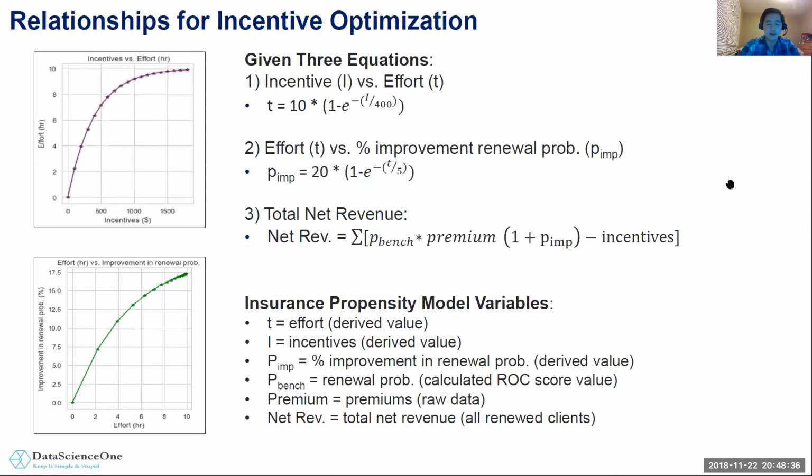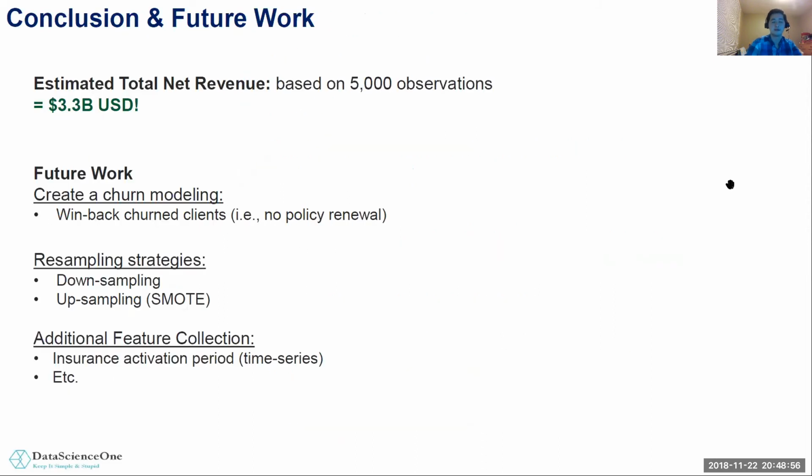Then we have the probability of the benchmark, which is a renewal probability calculated directly from the best model's ROC score value. We're given the premiums as raw data, and finally we calculate the total net revenue from all of the renew client population. As a result, based on the 5,000 observations or clients, the estimated total net revenue the company is collecting is worth about 3.3 billion US dollars.